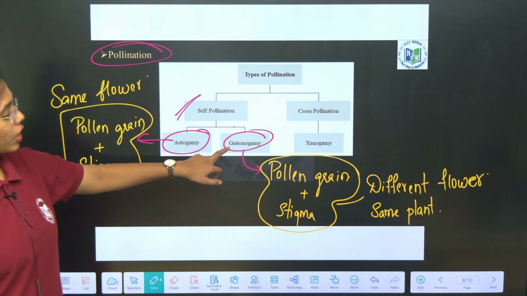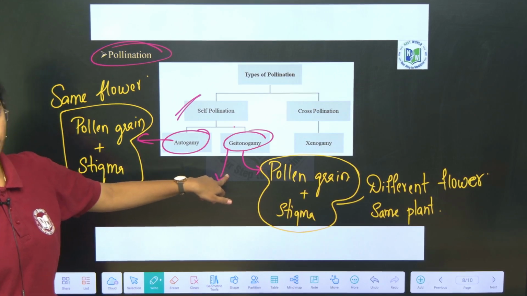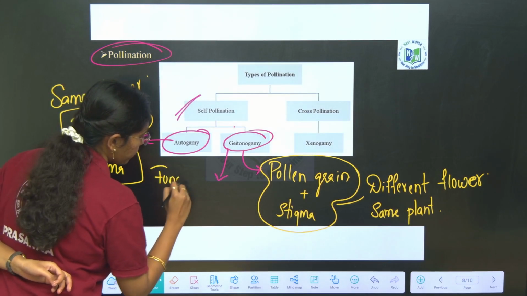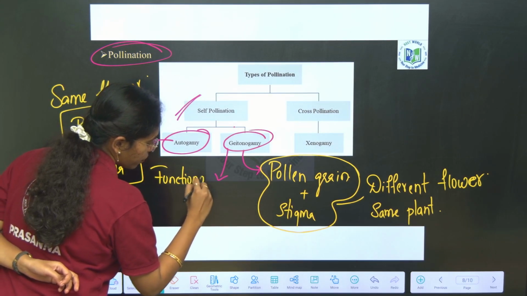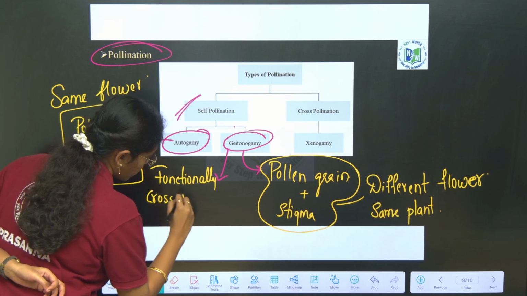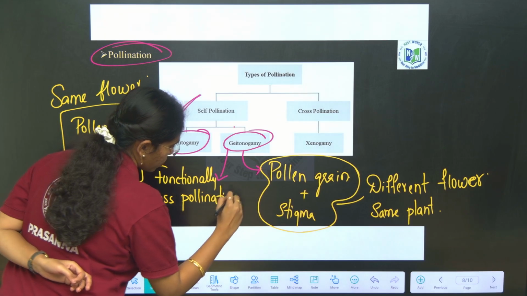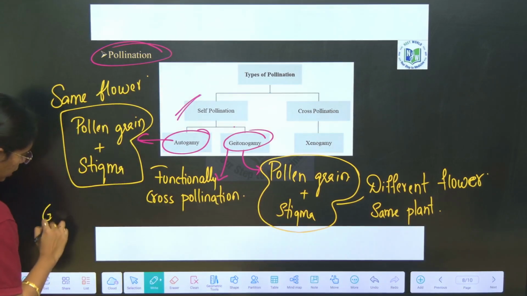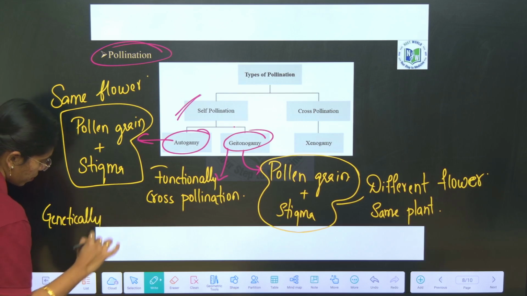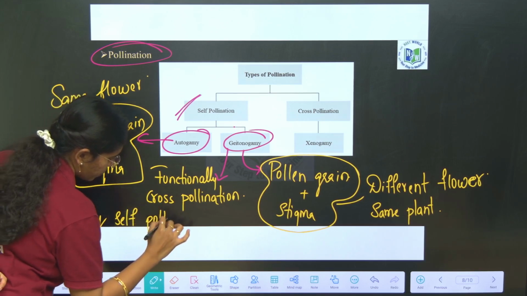So, this is functionally cross pollination, but genetically it is self pollination. Geitonogamy is functionally cross pollination, genetically self pollination.